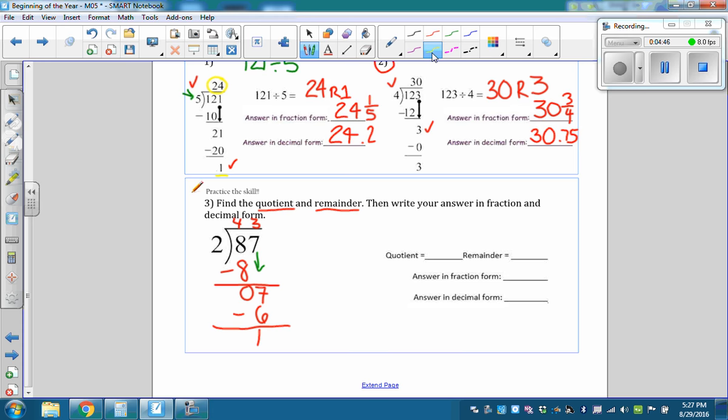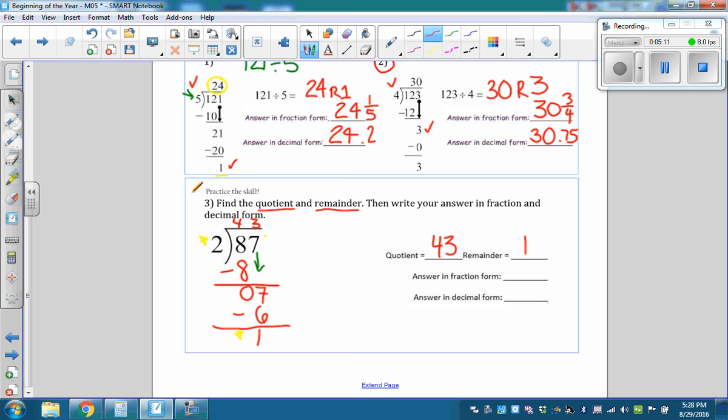Since the 2 is greater than the 1, and there is no more digits after the 7, I can write my answer in quotient and remainder form. 43 remainder 1.